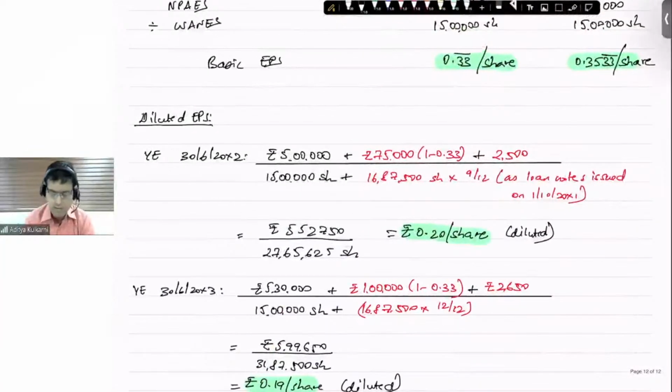In the notes to the question, you can write a couple of things.